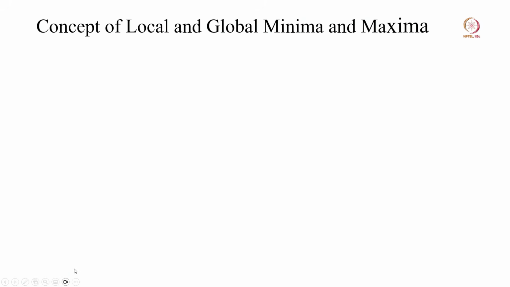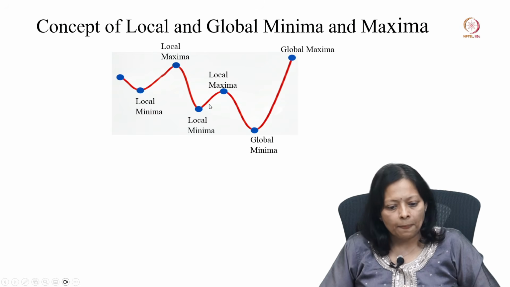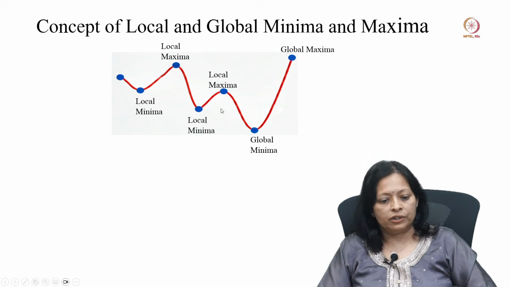So, as I was saying, this is a non-convex loss function, and these are called local minima because they are like a valley, but they are not the point where you get the minimum of the curve.